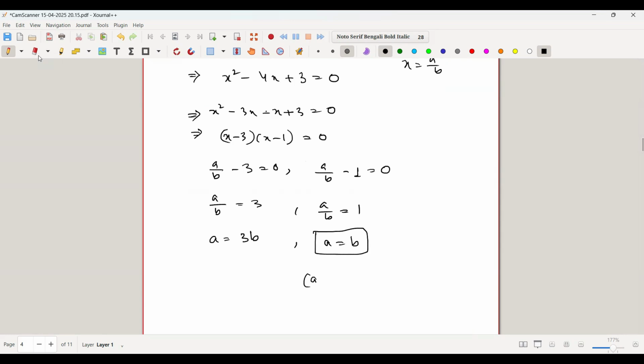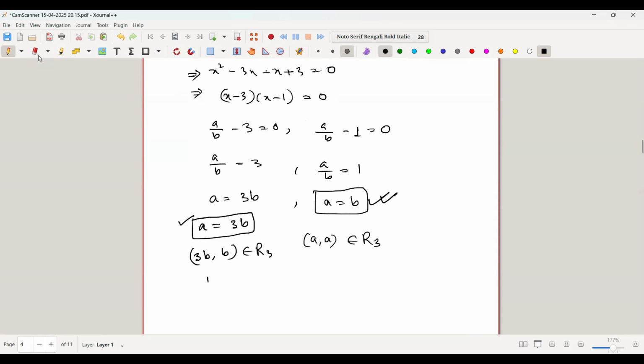That means (A, A) type elements belong to R3, where A and B are real numbers. From this solution (A, A) belongs to R3, and here A is equal to 3B. So this makes it clear that this relation is not symmetric, because if A is equal to 3B, that means (3B, B) belongs to R3, but (B, 3B) does not.